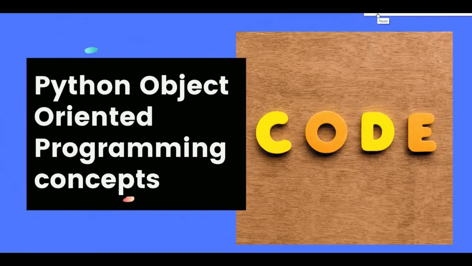Normally the structure basis can handle small tasks only. When we consider a huge program, structure basis won't work. So for this reason, the object oriented programming concept was introduced.